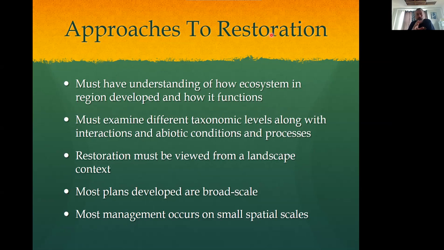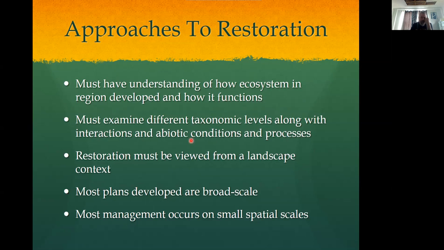And so understanding the successional processes that led to what your sort of historical model for restoration is going to be. How did that arrive, okay? And how do those processes work, right? So if you're going to try to build something, if you know how it actually happened in the real world, then you're an awful lot better off in terms of trying to put together a plan.